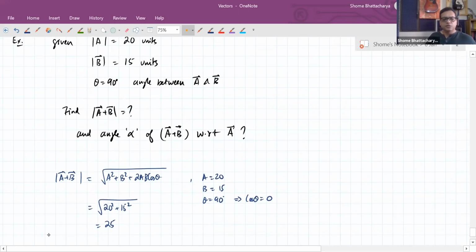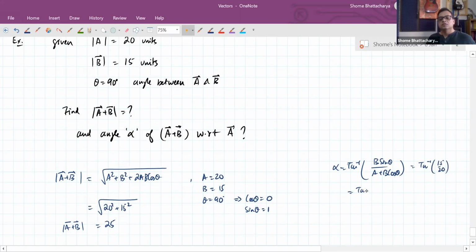That's directly our magnitude of A plus B. And as far as the angle is concerned, we have alpha is tan inverse of B sine theta upon A plus B cos theta. So sine theta becomes 1, because theta is 90. So this just becomes tan inverse of 15 by 20, which is basically tan inverse 0.75. So that is nothing but again 37 degrees.